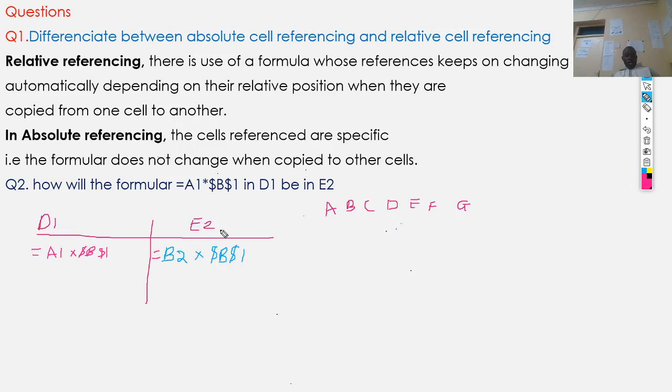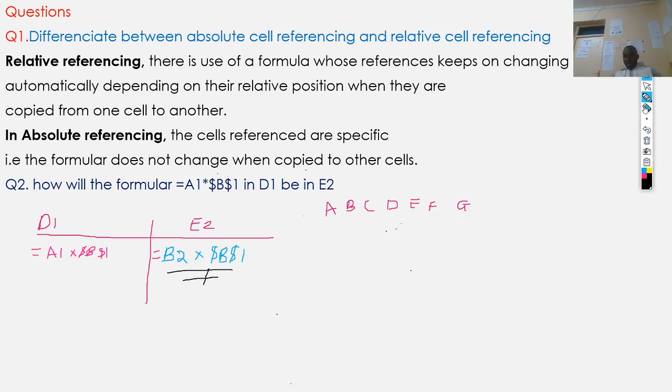When copied to E2, it will be equal to B2 times $B$1. This is how the formula will look like. So you need to note on those.